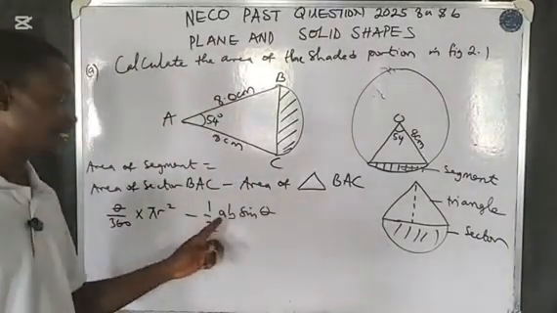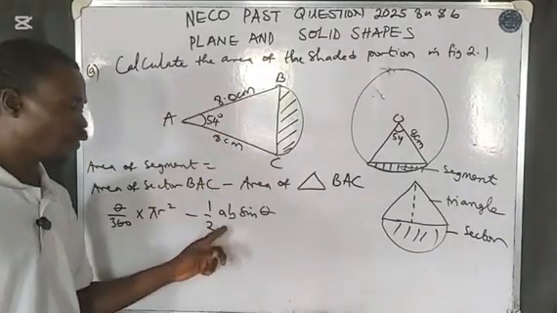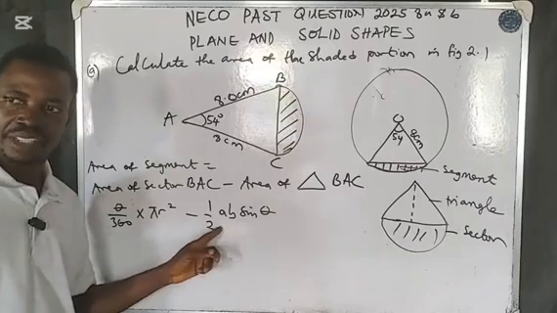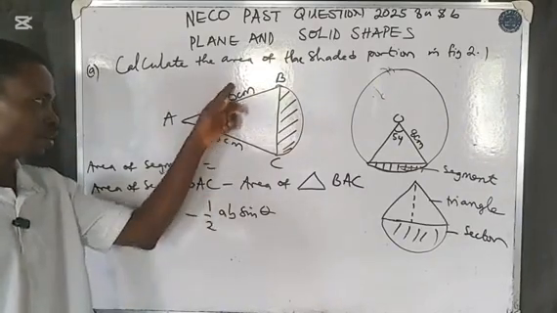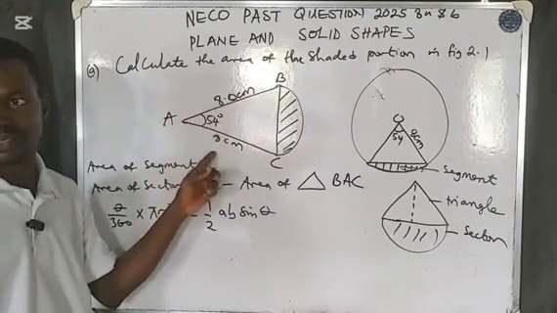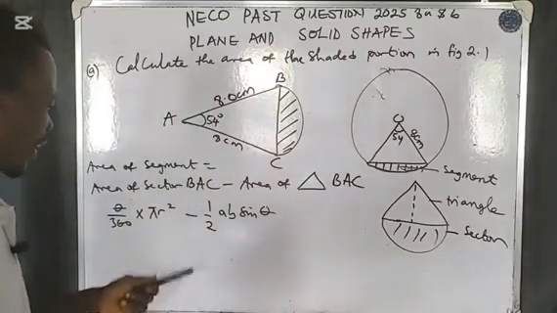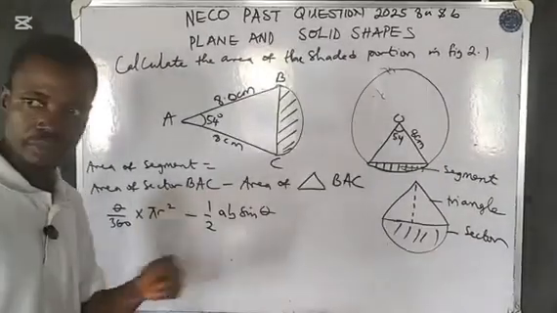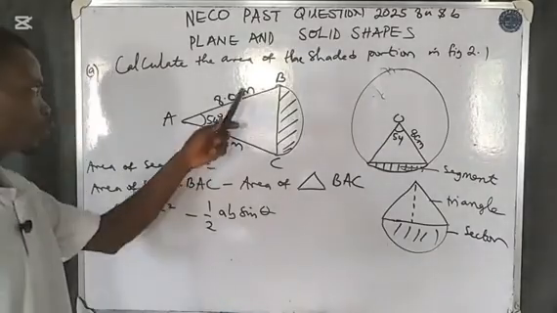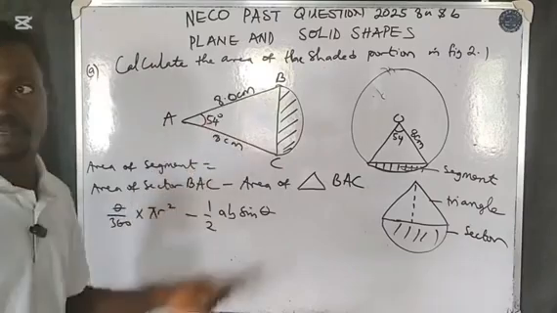Whether you write r square or AB, it's the same thing. In some textbooks, you will see 1 over 2 r square sine theta. They write square because the two sides are radius and they are the same value.